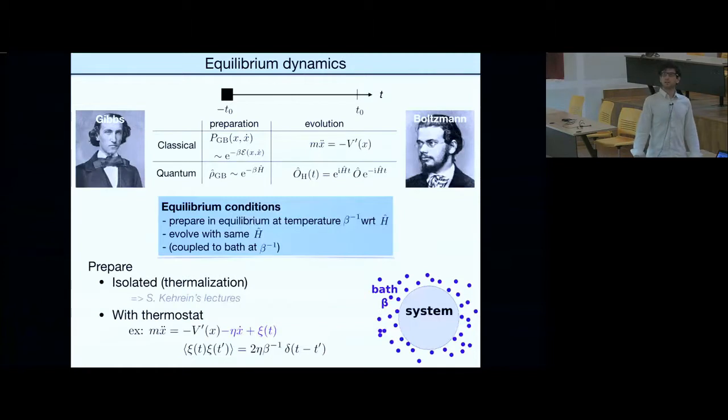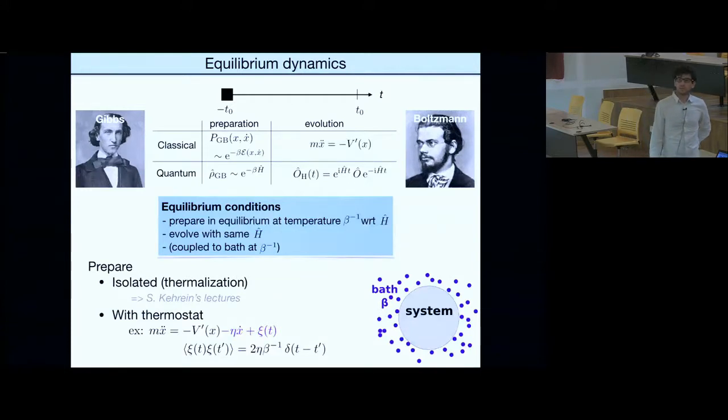So classically, if you start from a Gibbs-Boltzmann distribution and evolve under Newton's law with the same time-independent potential forces, then I'm assured to be in equilibrium. And quantum mechanically, the probability distribution is replaced with a Gibbs-Boltzmann density matrix, and you have unitary evolution. Of course, if I'm coupled to a bath that is also at the same constant temperature, I will stay in equilibrium.